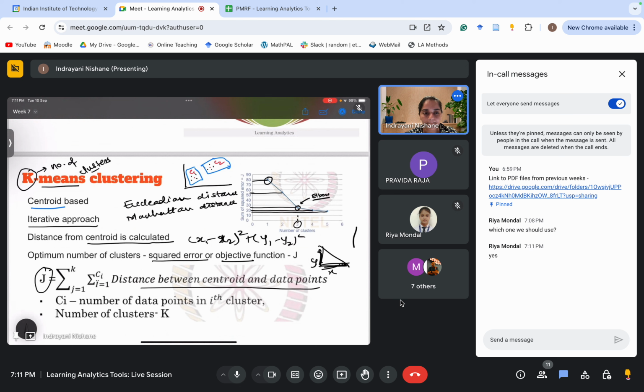But what happens when our data is spread across and you want to form clusters there? So we can have two approaches. Either we consider each data point as an individual cluster, and then we compute the distance between the clusters and combine two clusters.